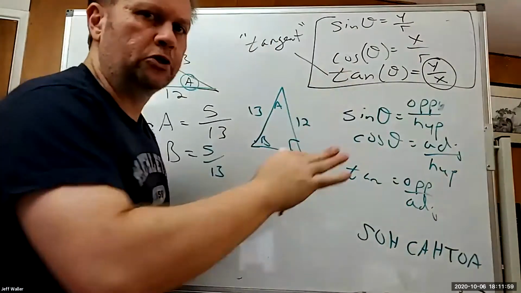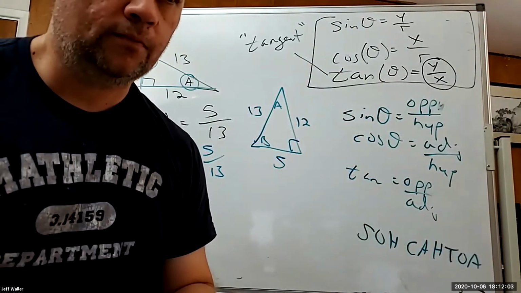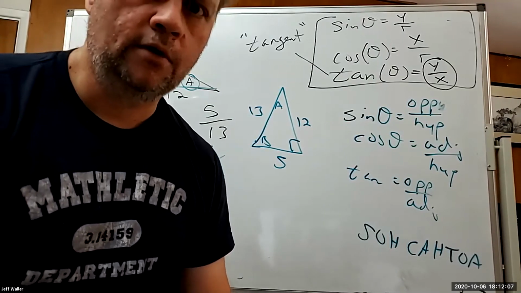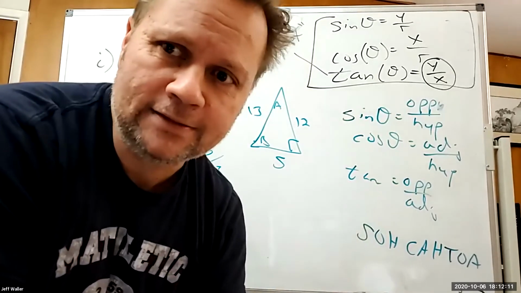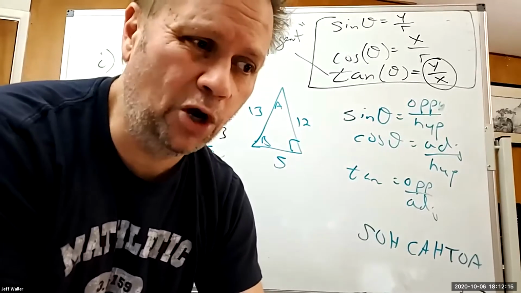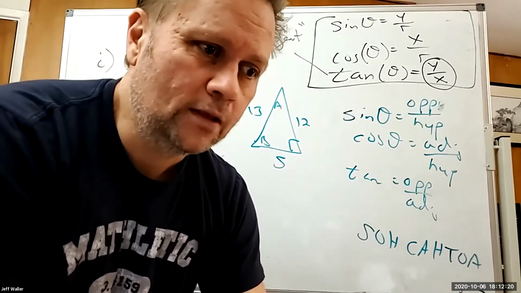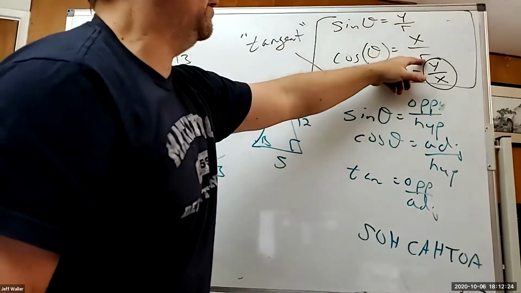Where else in algebra have we seen something about y's over x's? Slopes. So tangent is actually the slope of the line. It's kind of neat. But so tangent is going to be the y piece over the x piece.